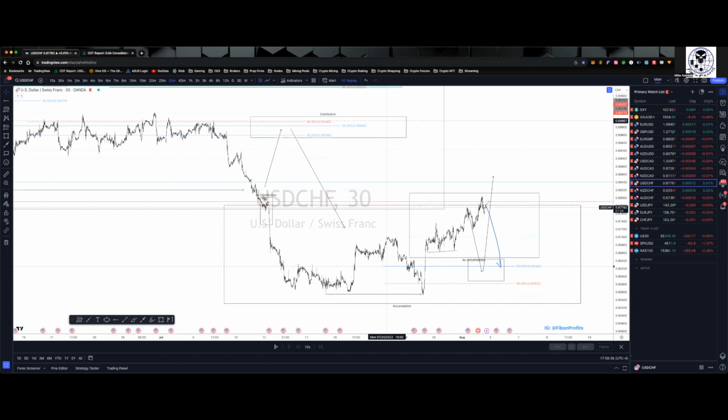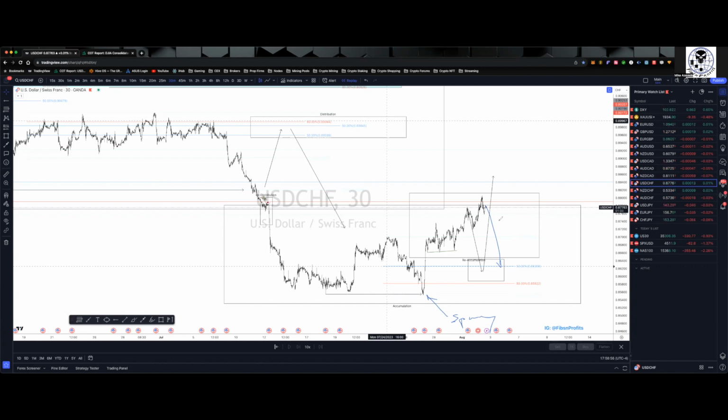I'm not going to try and chase UChef, especially because it doesn't move as violently or volatilely as some of these other crosses. So you can get a really tight stop loss with it. But yeah, there's really nothing that I want to do. And eventually it's going to have to come back and mitigate our spring, right?